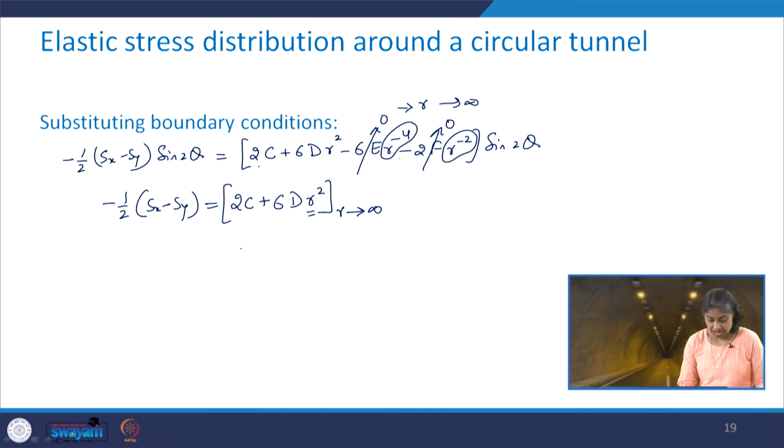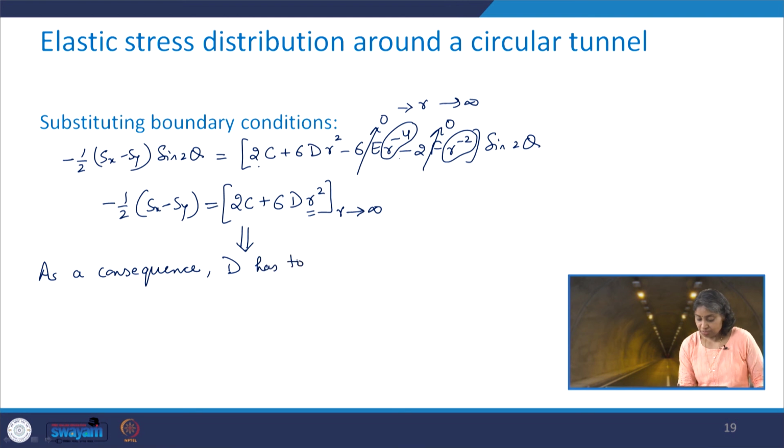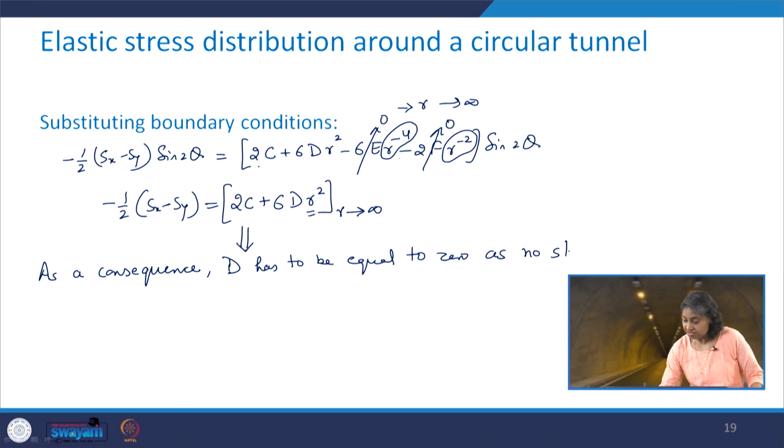So, as a consequence, this d has to be equal to 0, as no stress can be infinite.